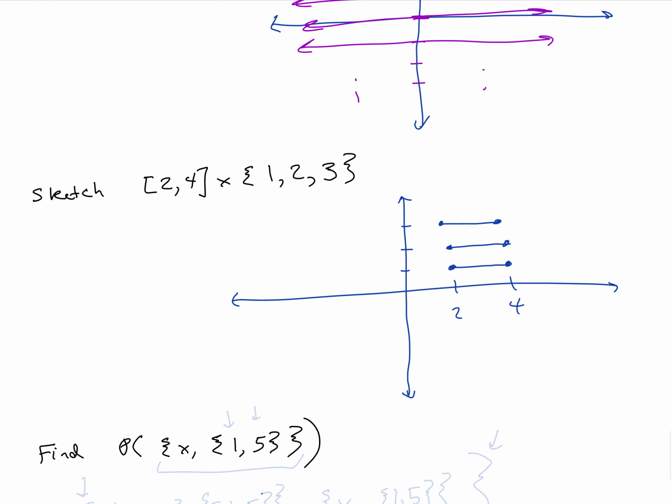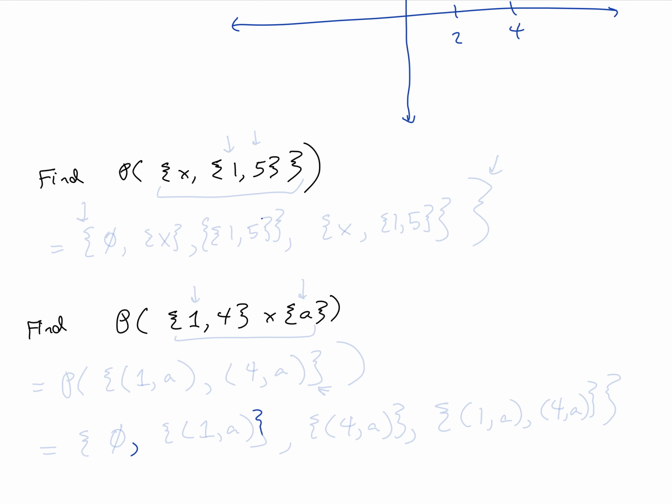All right, let's find the power set of the set containing x as well as the set 1, 5. So the power set is all subsets of this set. So it's a set of subsets. The empty set is a subset of any set.